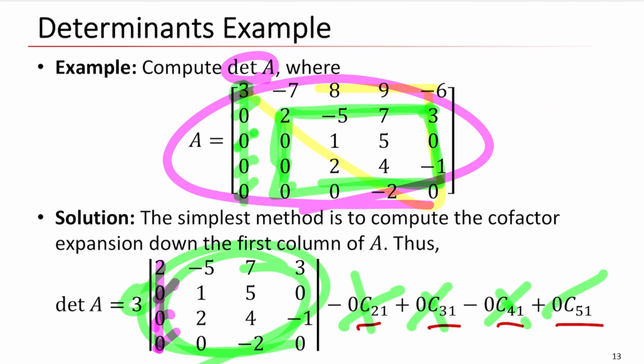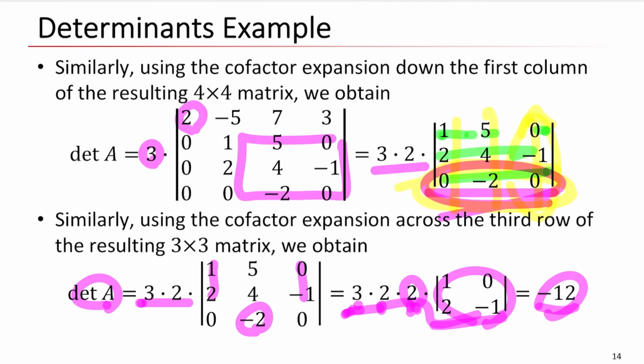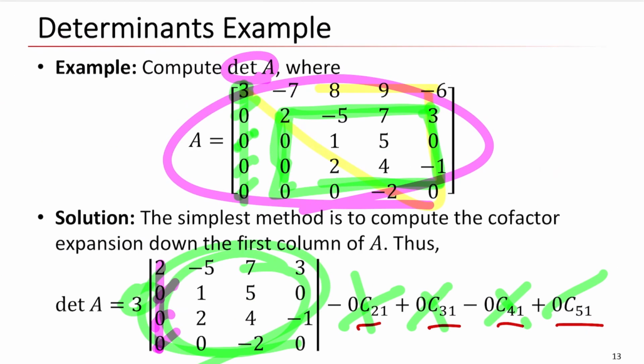So interestingly, in here, what was the determinant of this one? This one times this one, right? So from here we can see the determinant of matrix A is this one times this one times this one times this one. Okay, it's very easy, right?